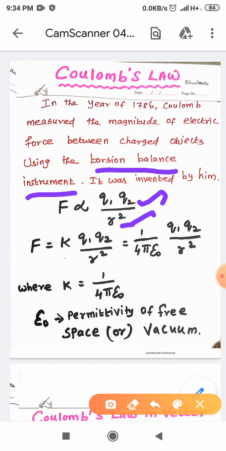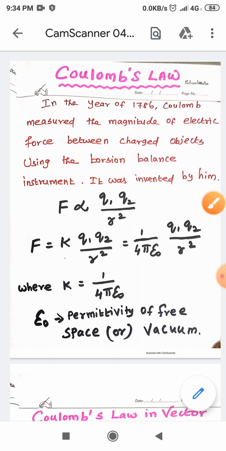The electrostatic force of attraction or repulsion between any two point charges is directly proportional to the product of the magnitude of charges and inversely proportional to the square of the distance between them. It is the law.